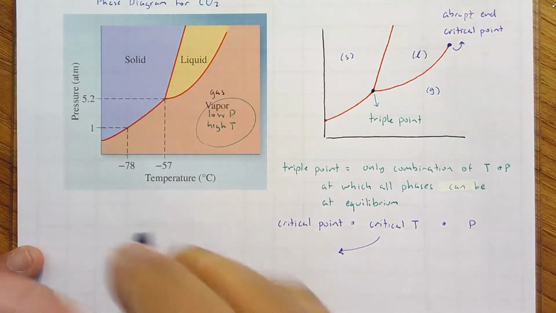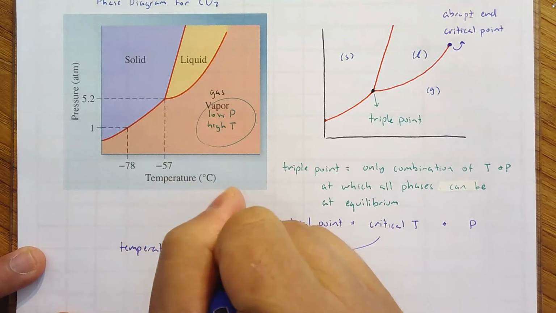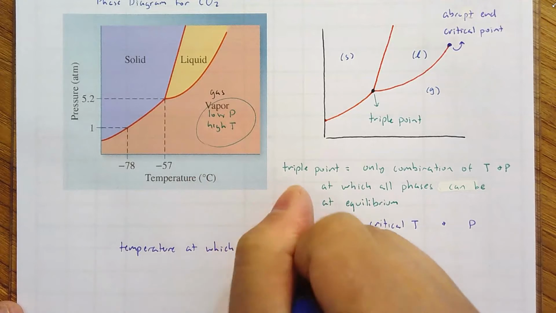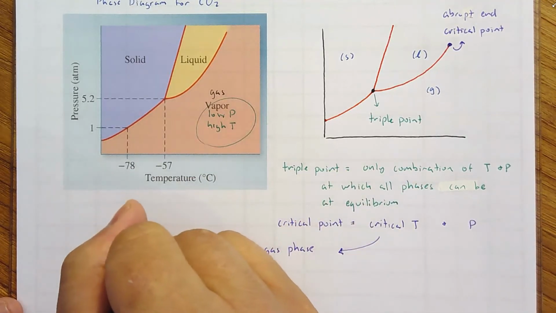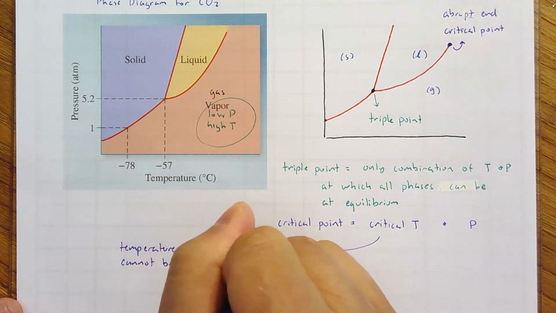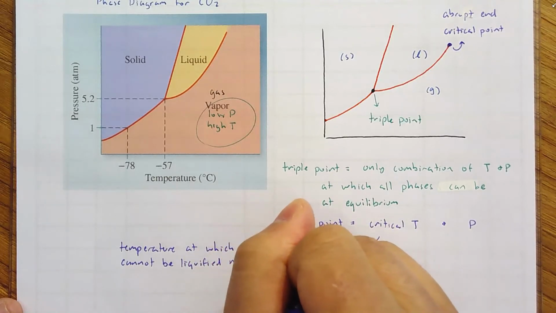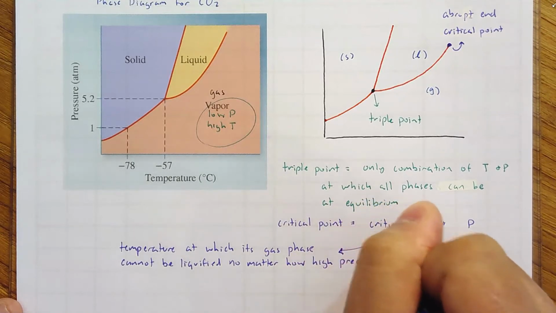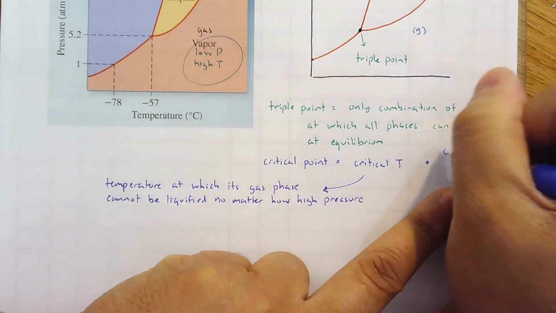That is the temperature above which its gas phase cannot be liquefied, no matter how high the pressure. Interesting definition.